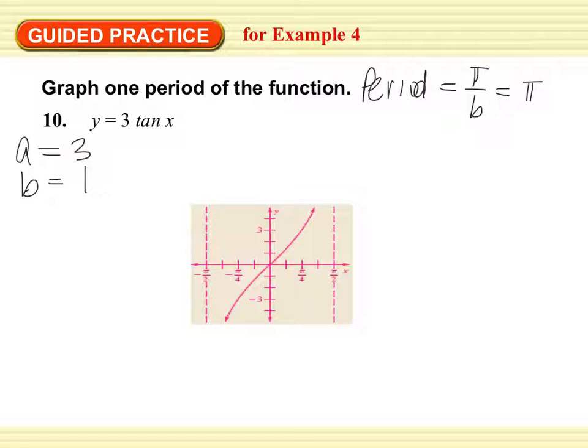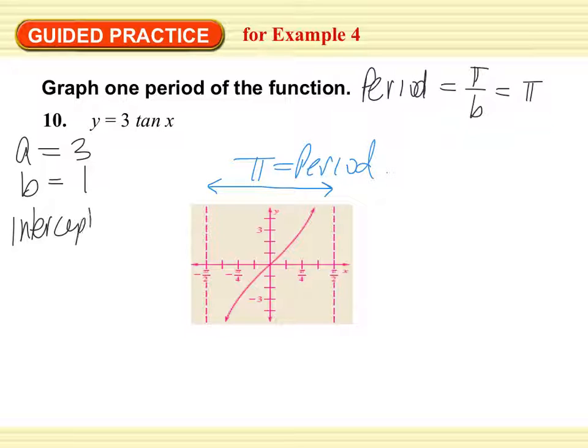At this point I'm going to remind ourselves that that period is beginning to end, right? The whole thing. Pi equals period. Cool? Alright, go back to my black pen. What else do we need? We've got our intercept, which is 0, 0.